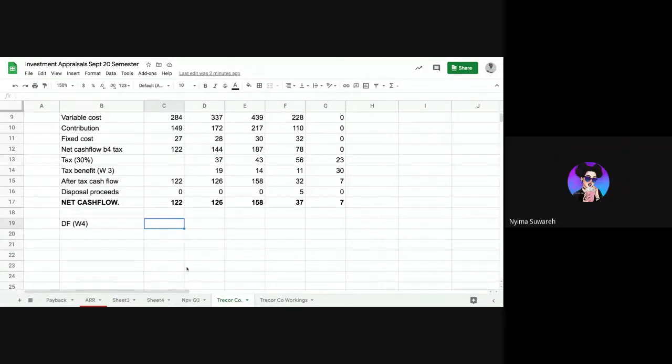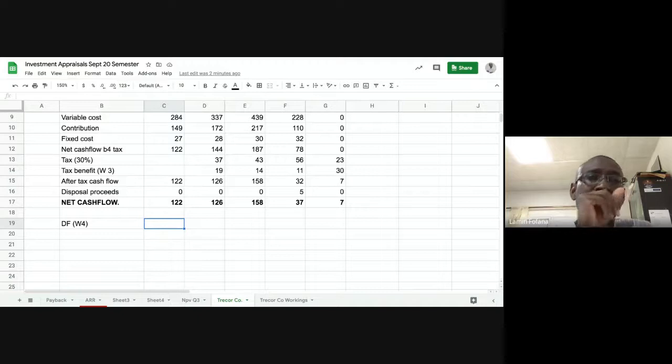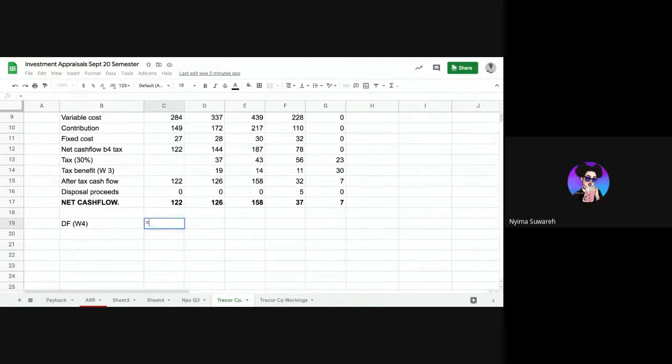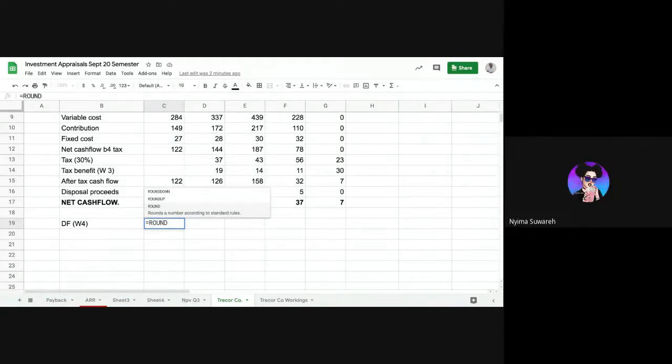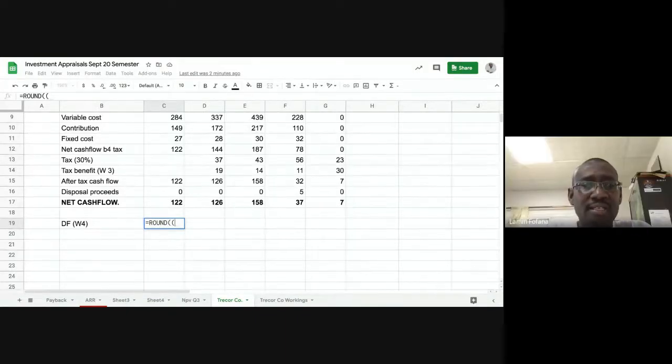Equals ROUND, R-O-U-N-D. Bracket open, bracket open again. We open bracket twice.